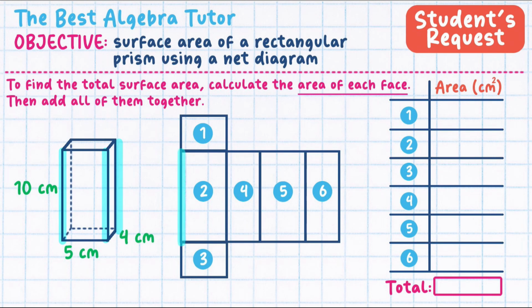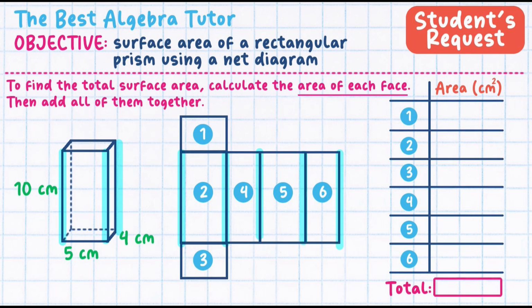It's corresponding to this one, this one, this one. I'm going to pick orange for the bottom of my blue line, which corresponds to my 5 centimeter. And on my net, it's located right here, here, and here.